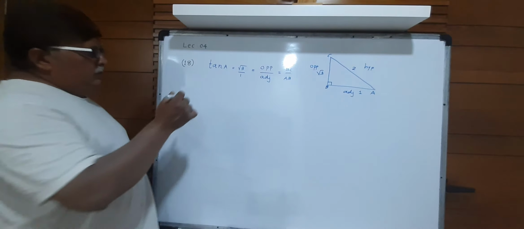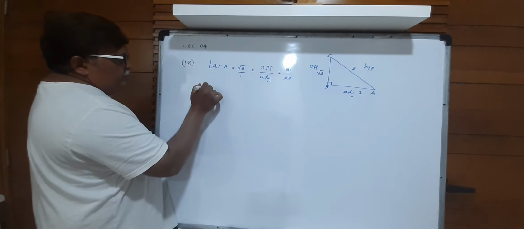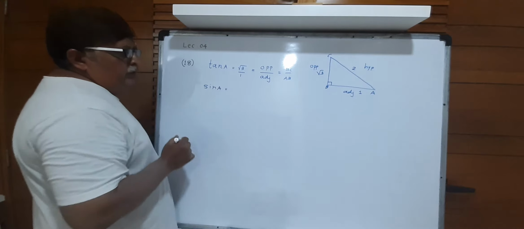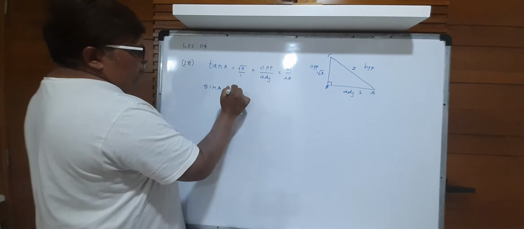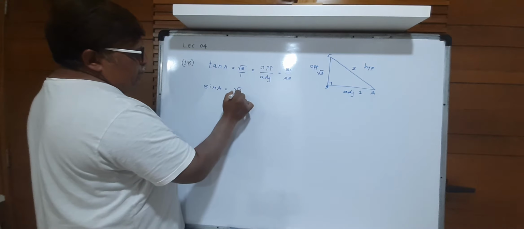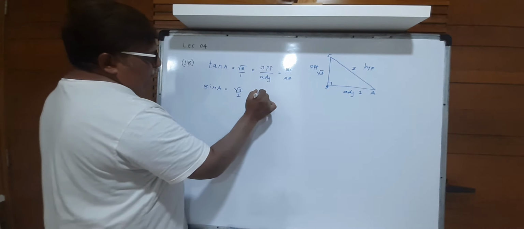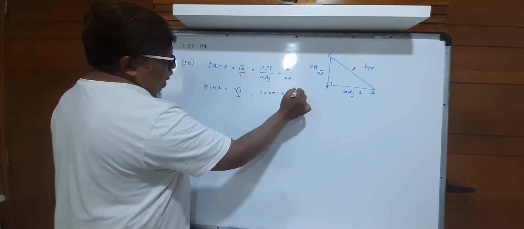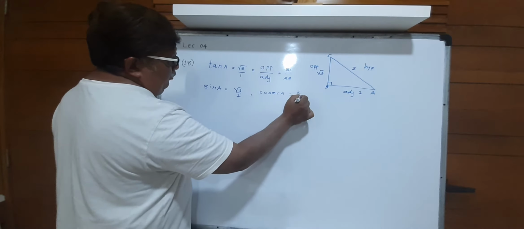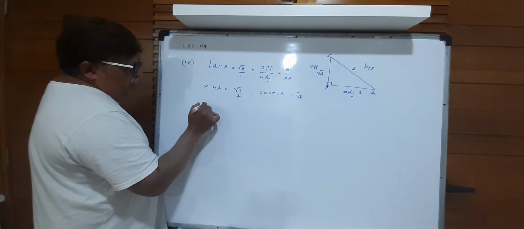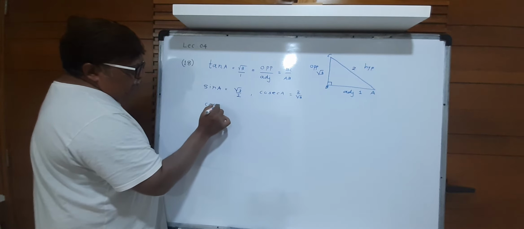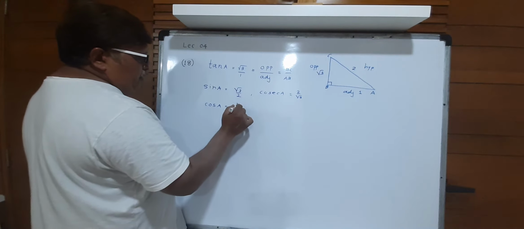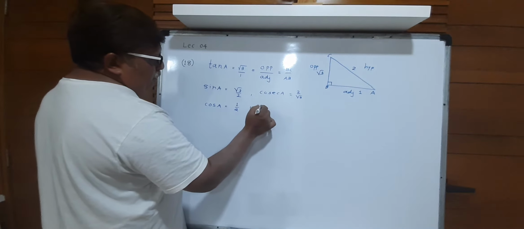Understand? Sin A, as you all know the formula, opposite upon hypotenuse, root 3 upon 2. Cosec A, just the reciprocal of this, 2 upon root 3. Cos A, adjacent upon hypotenuse, 1 upon 2.